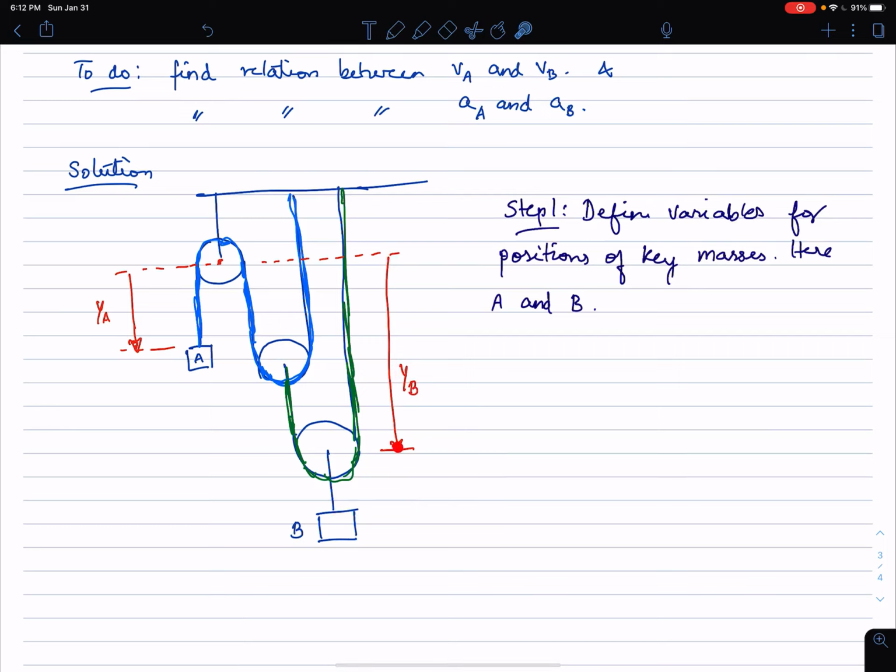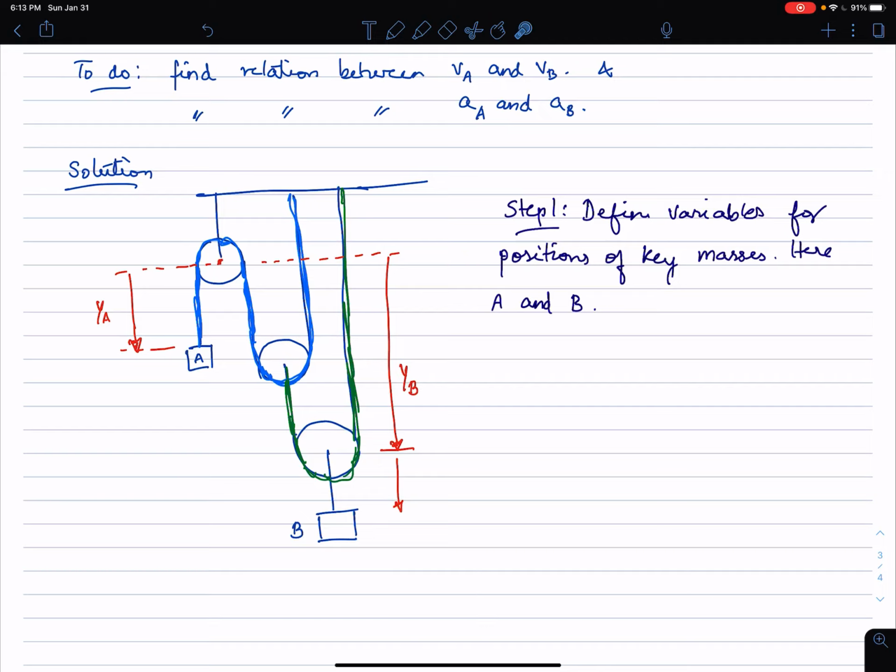Why did we not extend this arrow all the way until here, for instance? Okay, we could have defined this whole thing as YB, but we did not do that. But we can certainly do that as well. That is a perfectly fine thing to do.